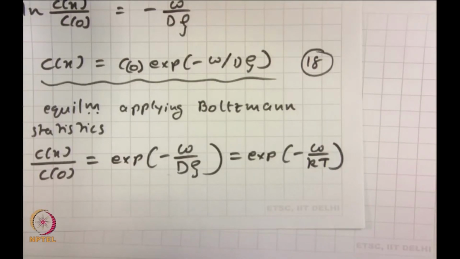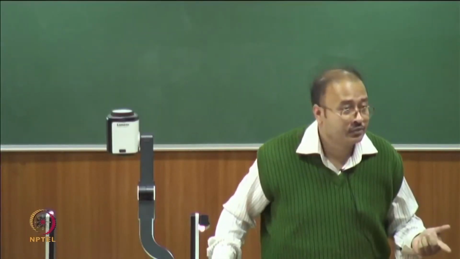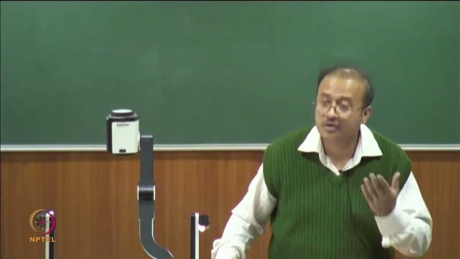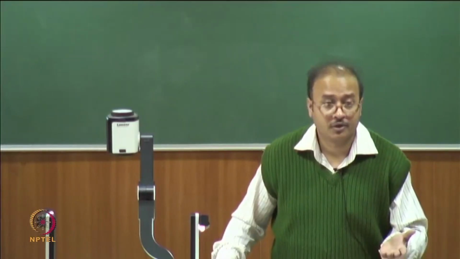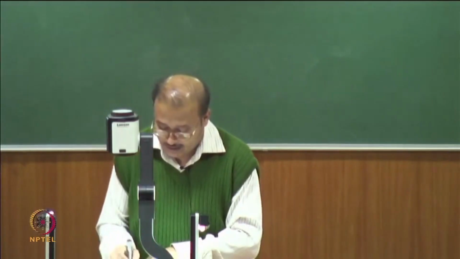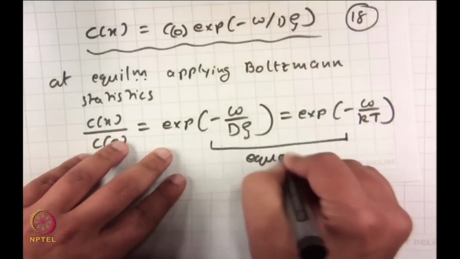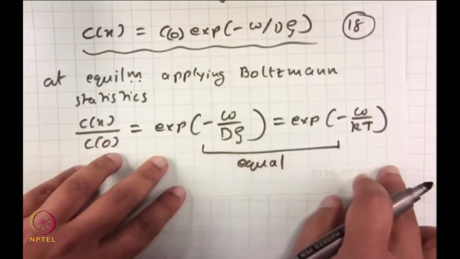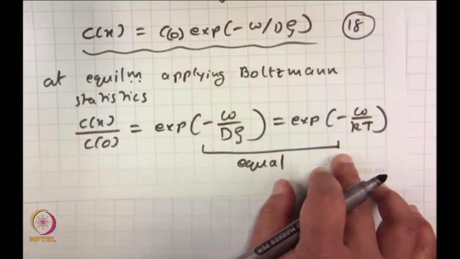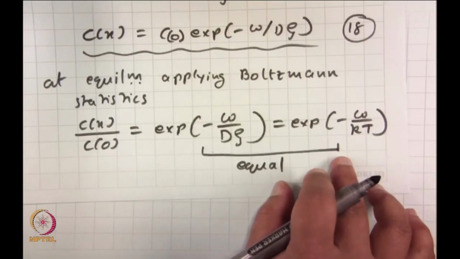You can only do this because you are at equilibrium and you are using, remember, reversible work, because equilibrium is a signature of what? Reversibility. Okay. So, what does it mean? That means these two should be equal, isn't it? We can easily equate these two, because both of these resemble the same thing, C of x over C of 0, one from Boltzmann and one from the one you just derived, having constant flux J equal to 0.